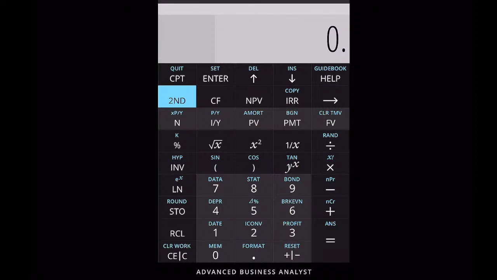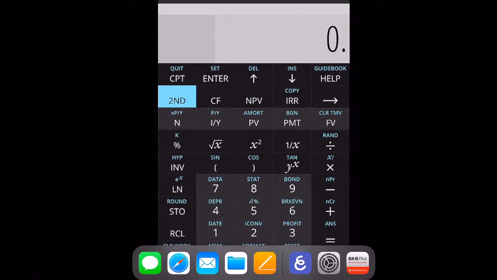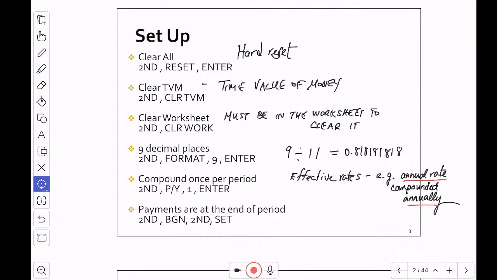All right, so if you don't have any other questions, I'm done with this setup, this page anyway. There's just one more thing to learn, and that is the memory keys, the storage for individual values being stored.